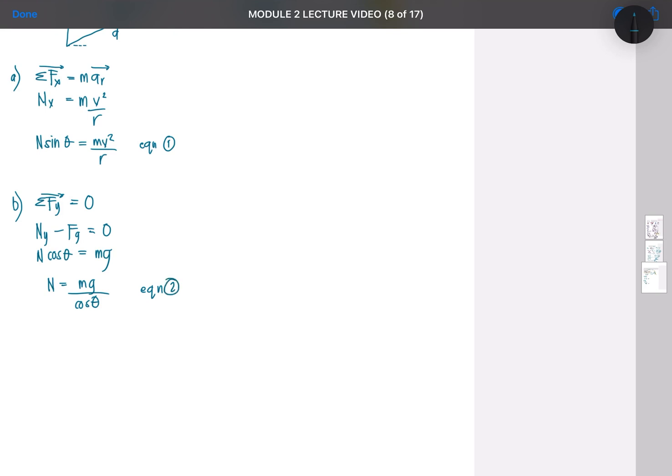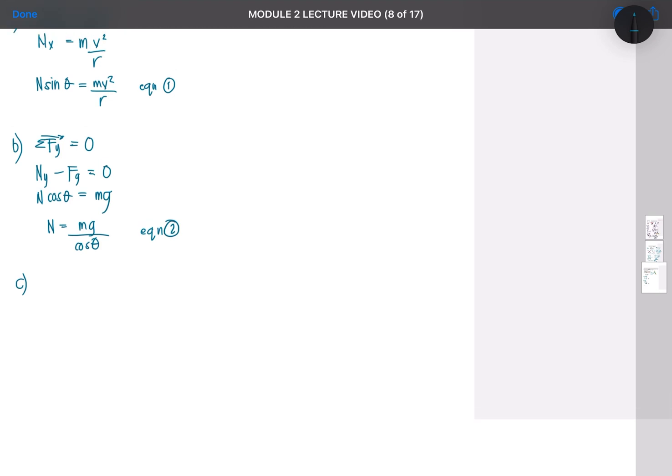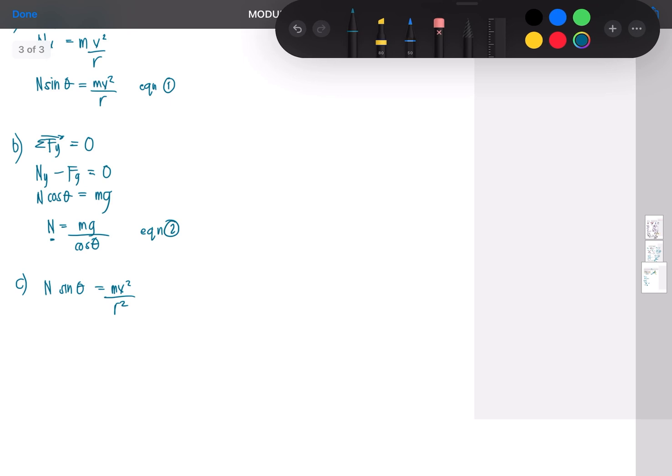Now, if you are going to look at our first equation and then the second equation, we can now solve for r. Okay? We substitute equation 2 to equation 1. Therefore, sulat ko muna yan, n sine theta equals mv squared all over r.